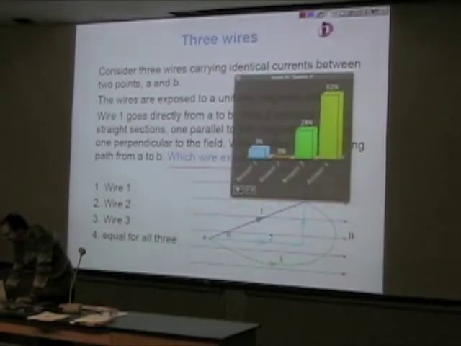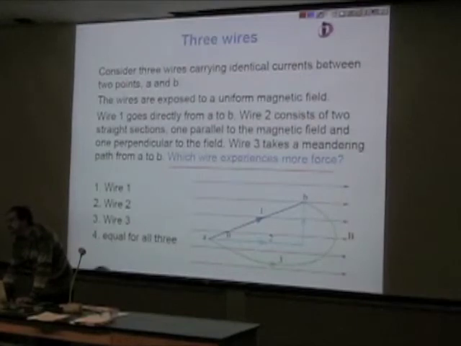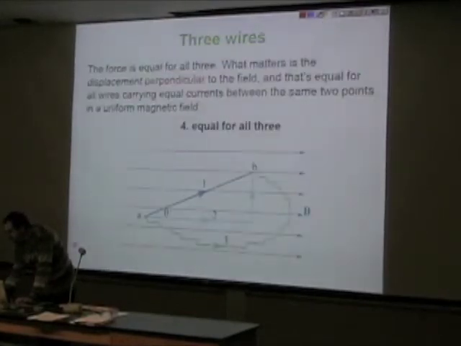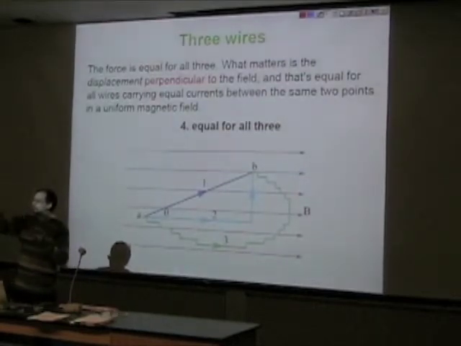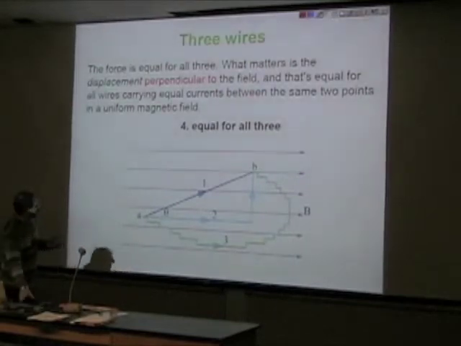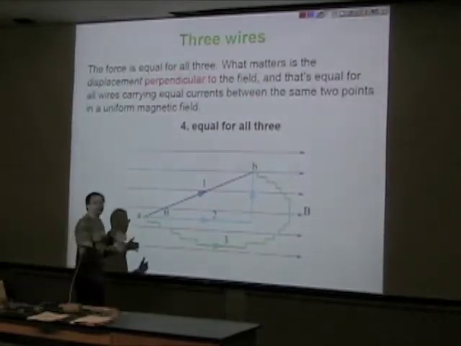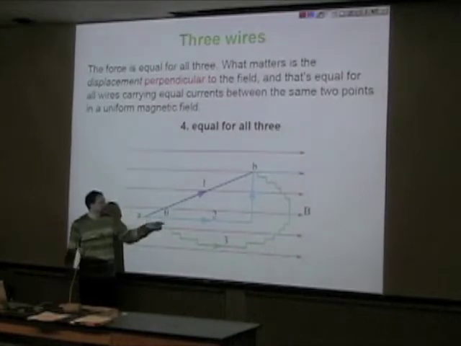All right. Of course, we just basically said already the shape doesn't matter. We can just connect the beginning of a wire and the end and calculate the net force acting on that straight wire. Why doesn't it matter? Because a wire of any shape we can always break down into small parts.